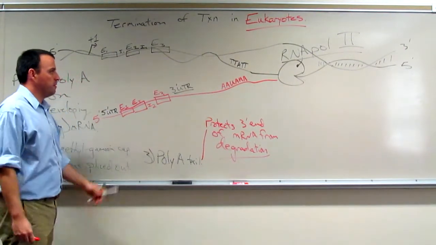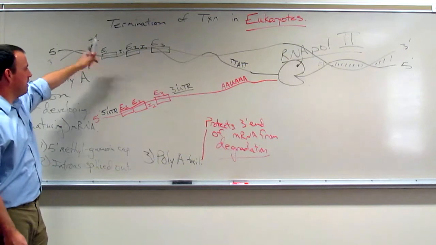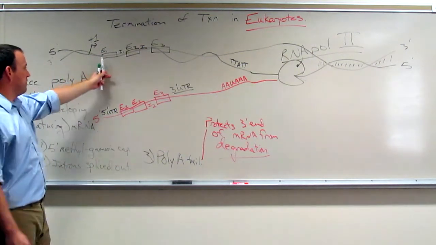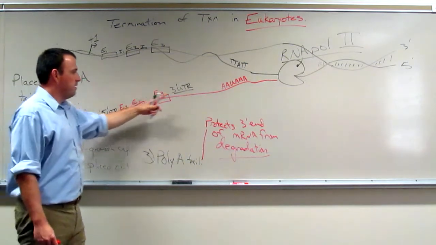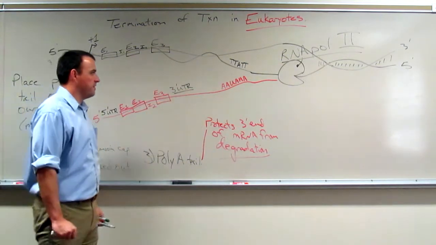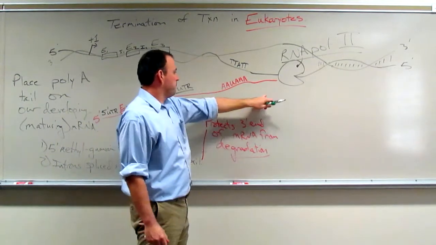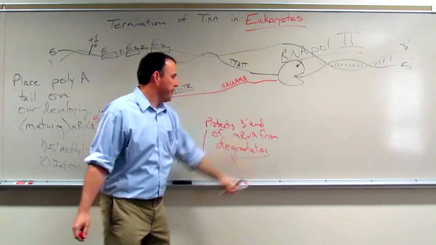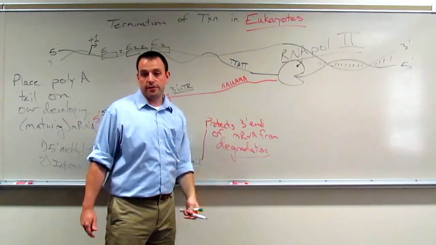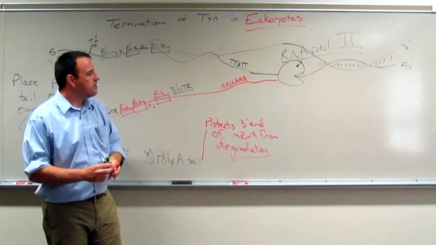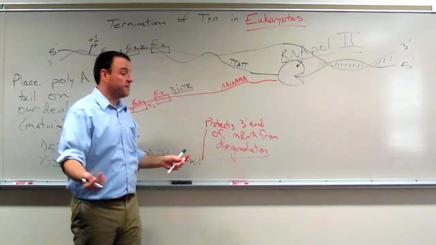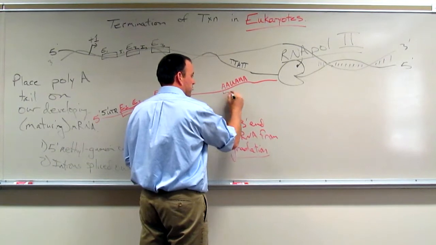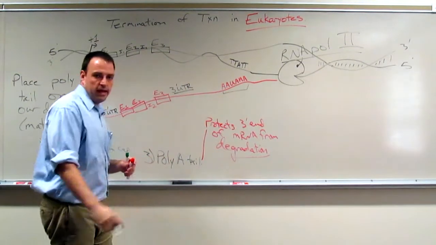How does this work? Well, RNA polymerase is bound to the DNA. It's been transcribing, writing in a 5' to 3' direction, utilizing the template strand as a template for synthesis. What do we get? We end up here with RNA polymerase rolling down the 3' UTR, and there's no real stop signal inside, right? But there is a stop signal, and that signal in the mRNA looks like this: AAUAAA.